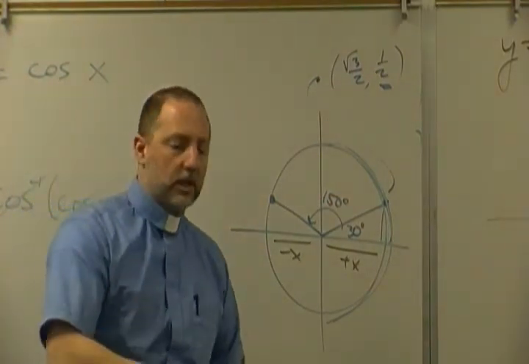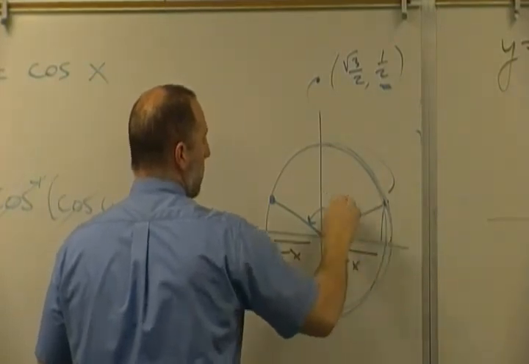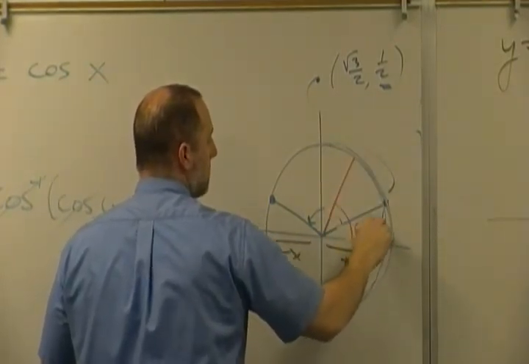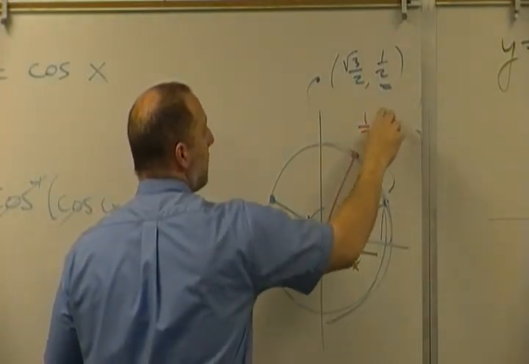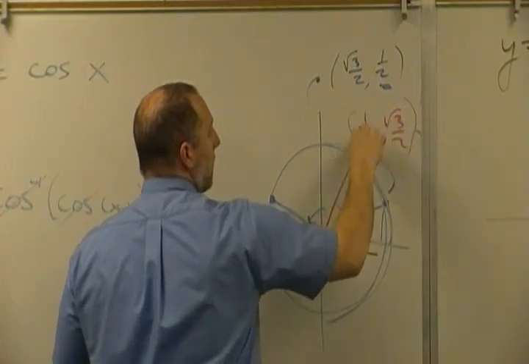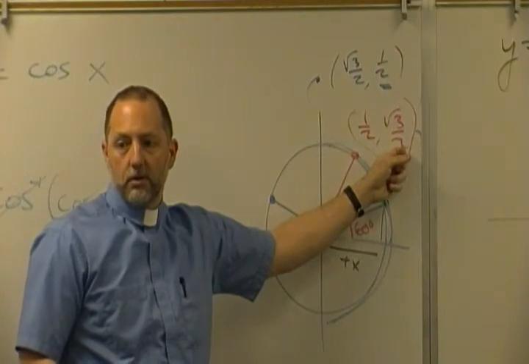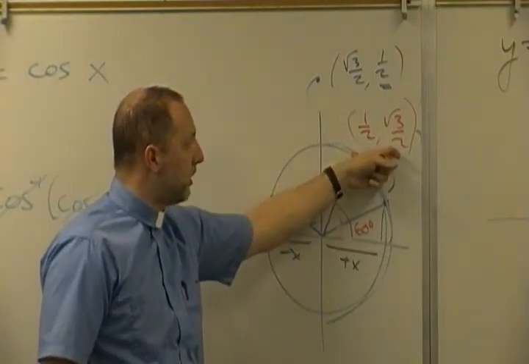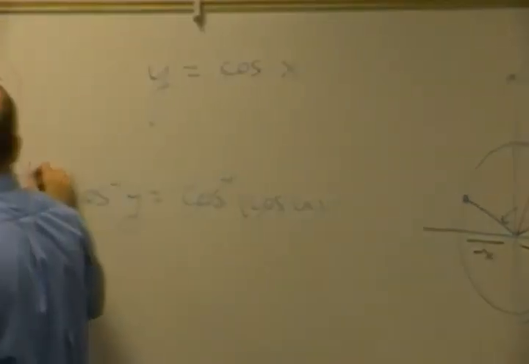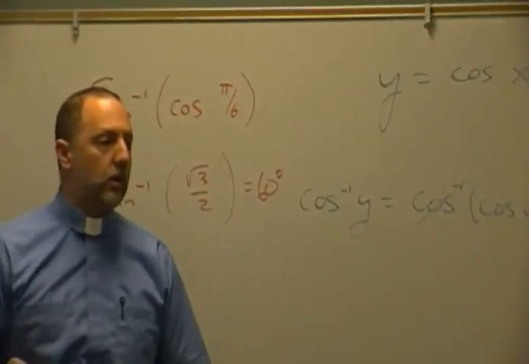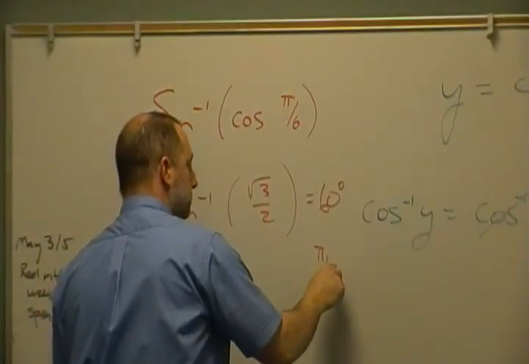I heard 60 degrees, or pi over 3. At 60 degrees, the value of this point is 1/2, square root of 3 over 2. On the unit circle, the y values are our sine values. So when is sine equal to root 3 over 2? At 60 degrees, or in radians, pi over 3. Excellent.